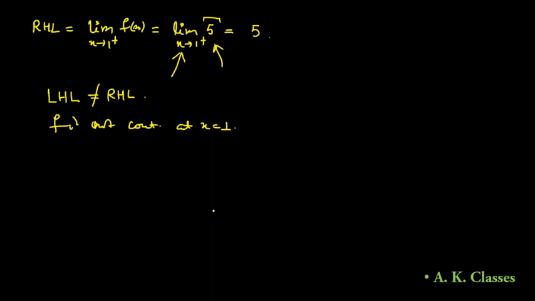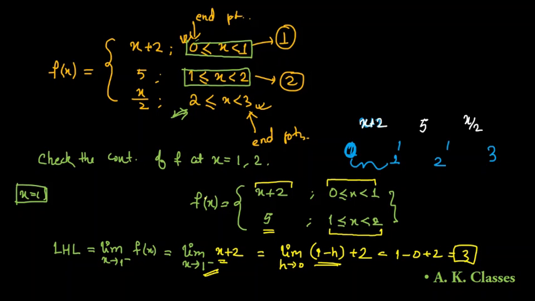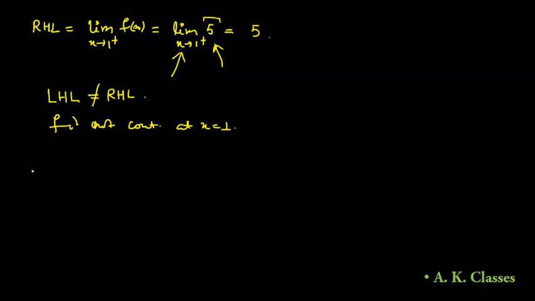Did you understand how to do this? If there is more than one break point, what will you do? Just consider the break point you are talking about, then define the function according to that break point. Okay, now tell me, for x equals to 2, how will we do it?